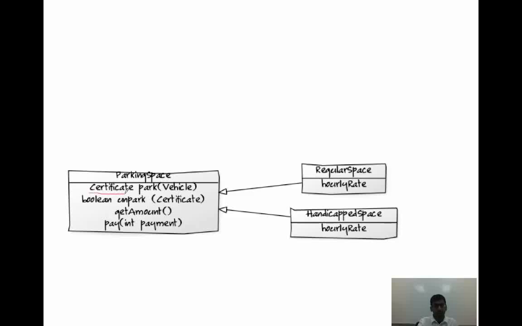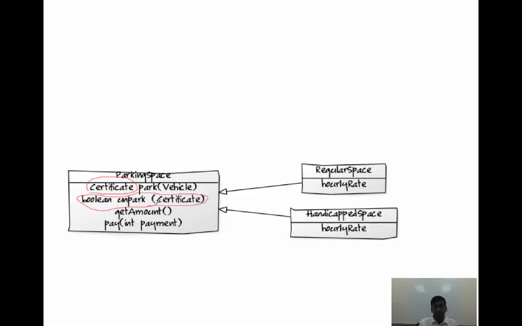When you park a car, you're given a certificate. And when you want to unpark your car, you give the same certificate, the digital signature, just to make sure that you don't walk away with somebody else's car, and so on. So these are the behaviors that every parking space would have.